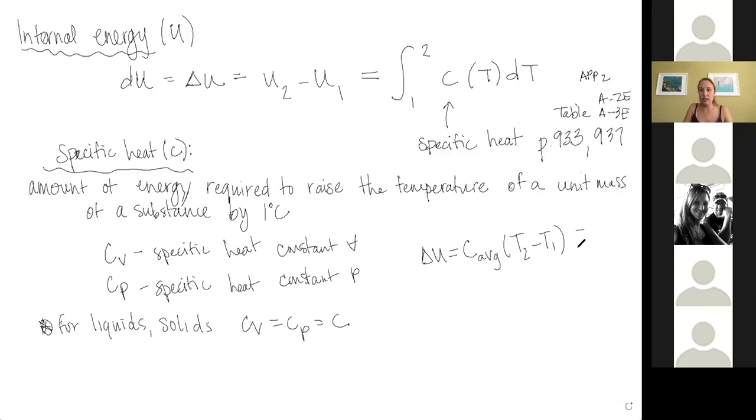And this should have units of kilojoules per kilogram, which makes sense for a specific energy term. And this is your average specific heat, which you'll get from a table.